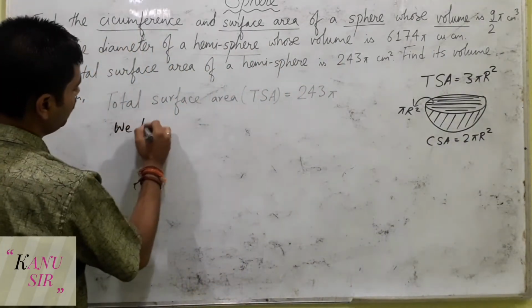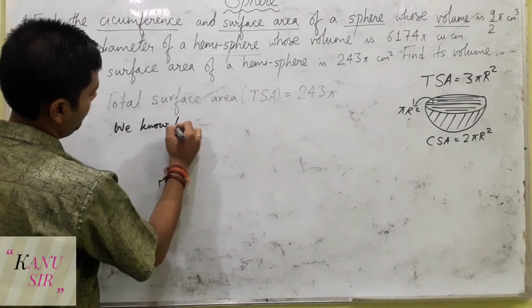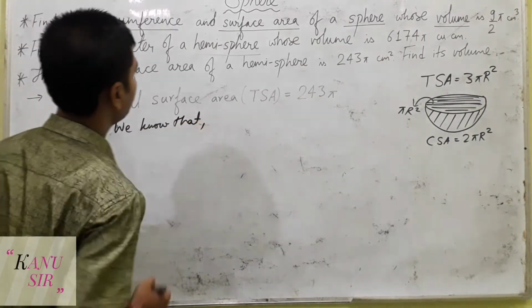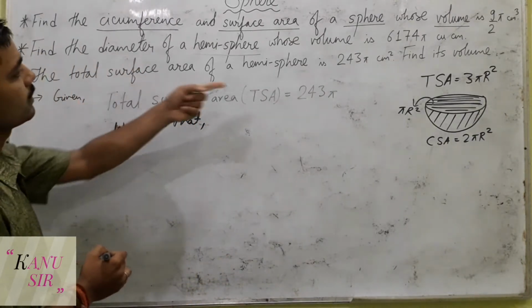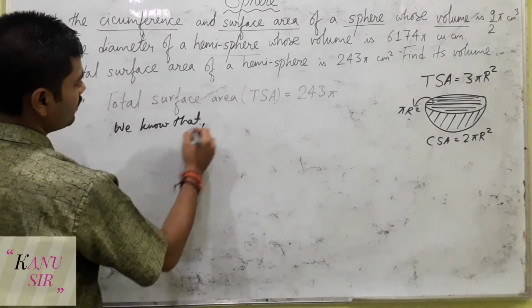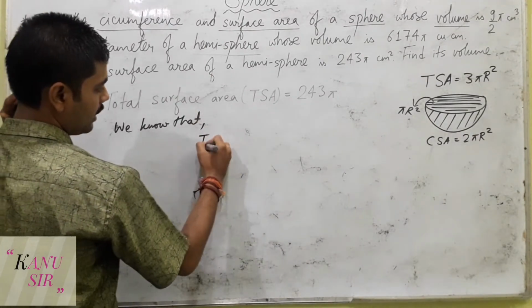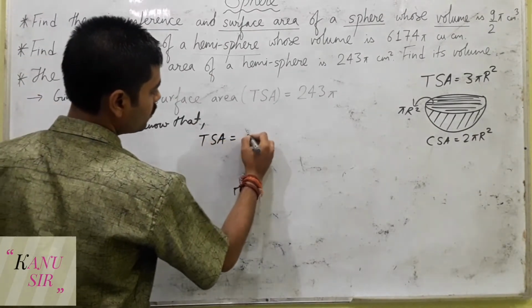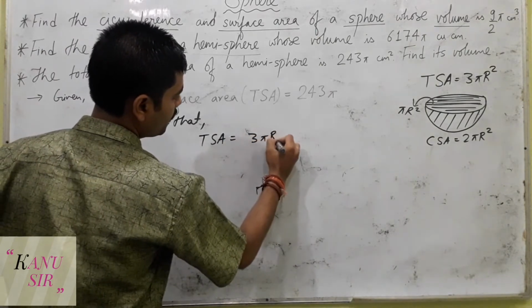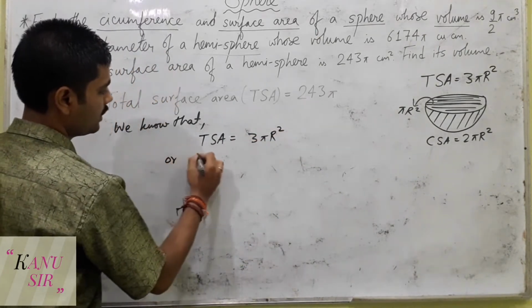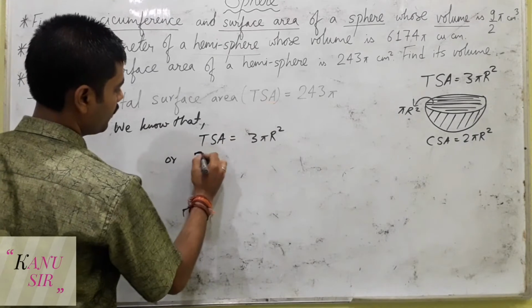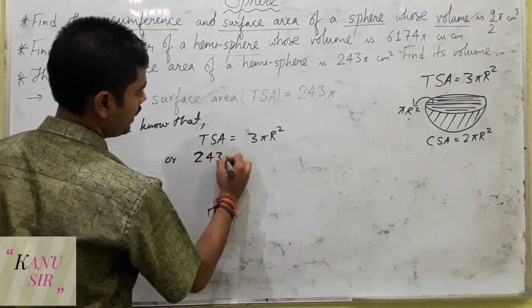We will write here, we know that, what is asked here? Volume. So first let us use the formula. TSA is equal to 3 pi r square, and TSA is 243 pi.